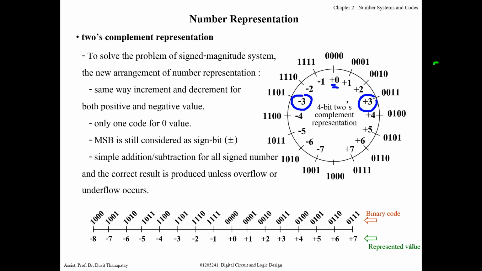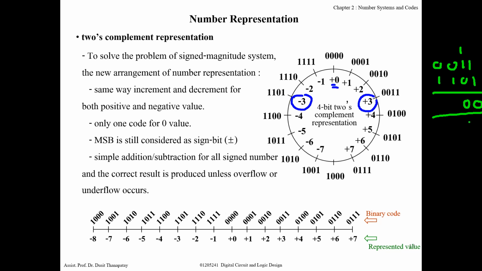If I add 0011 with 1101, what happened? 1 add 1 is 2, right? Anyway, you can write 0, okay? And carry out this one. And this carry out becomes carry in for the next digit. 1 add 0 add 1 is 2.